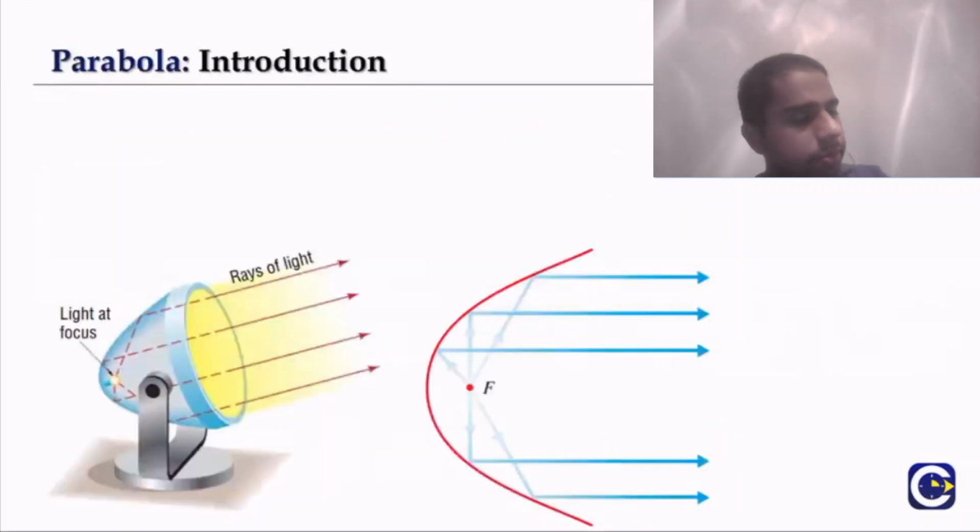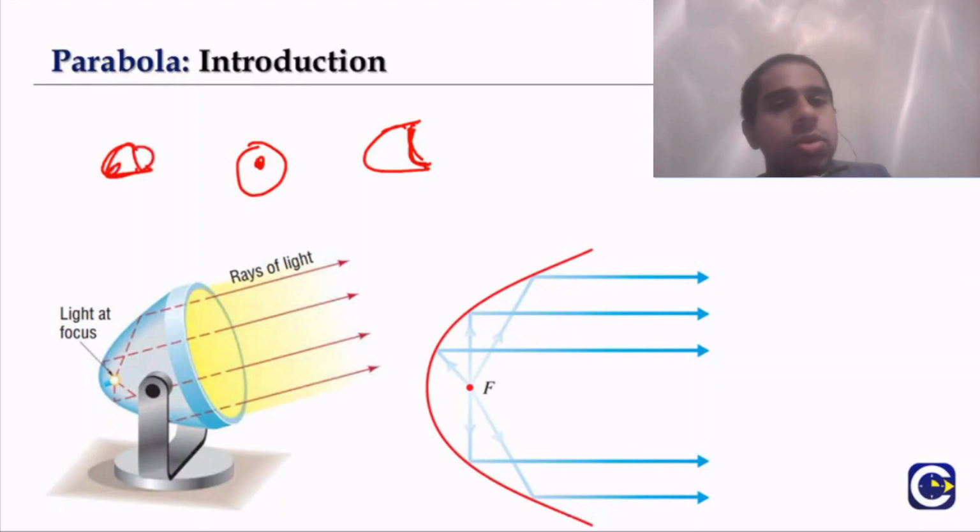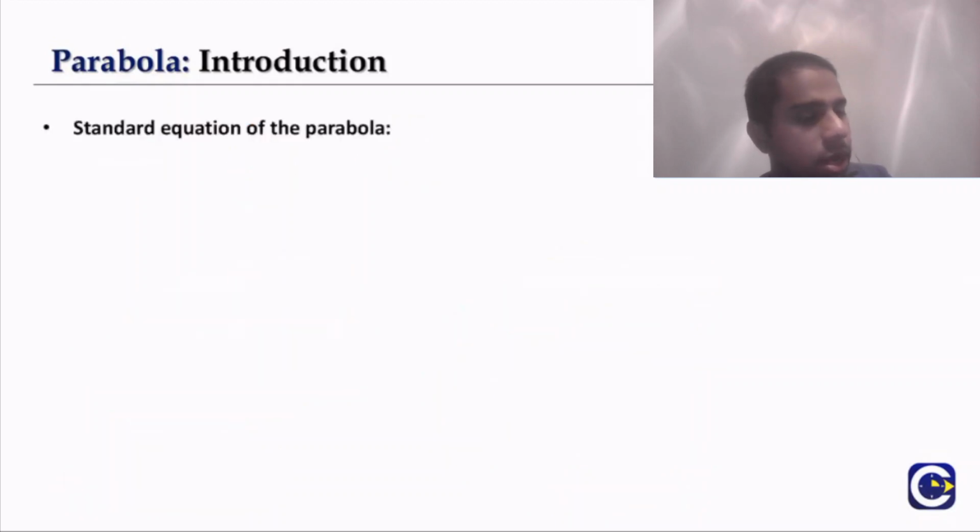A parabola is like the curved mirror usually used inside a torchlight. When you see a torchlight, you will have a bulb and then a curved glass, right? So this curved glass has the shape of a parabola, and let's see what the definition of the parabola is.